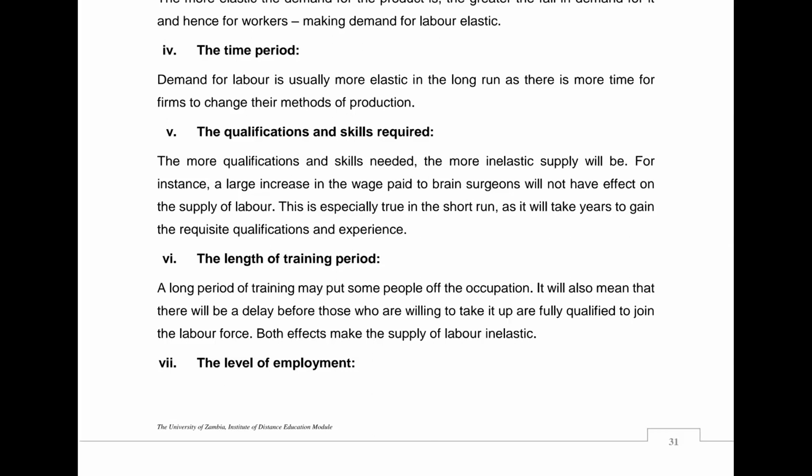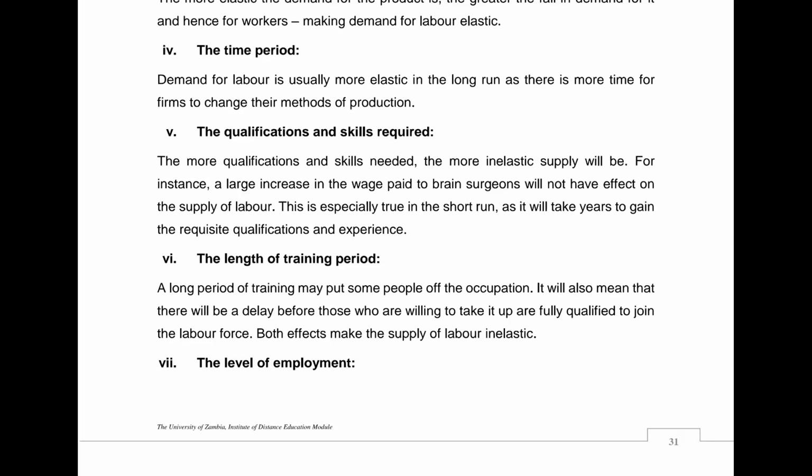So you see that with qualification and skills, there will be a more inelastic supply. Now, the length of training period also matters, as it affects elasticity. For example, a long period of training may put some people off the occupation.